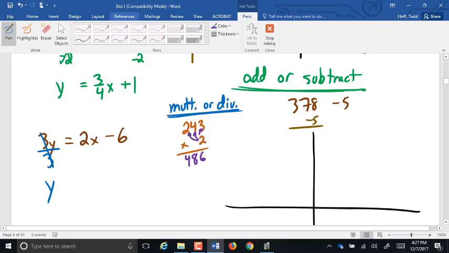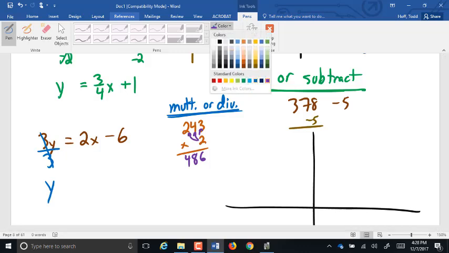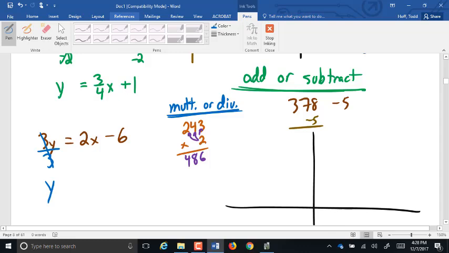When we multiply or divide, we have to do it to every digit. So here we divided 3y as a single digit. We divided to cancel out the 3. On the other side, we have to divide each of those digits by 3.